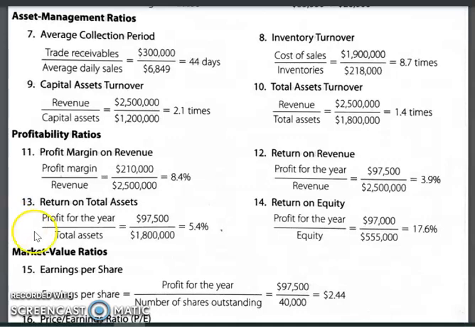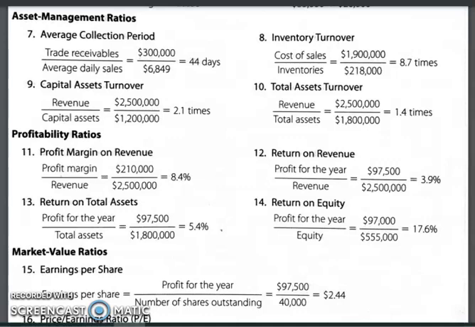Then we look at our capital asset turnover ratio, which is our revenue divided by our capital assets or our non-current assets. And this helps us figure out how efficiently we are using those capital assets, right? Our equipment, our plant, our vehicles. How well are we using these long-term assets to generate revenue?